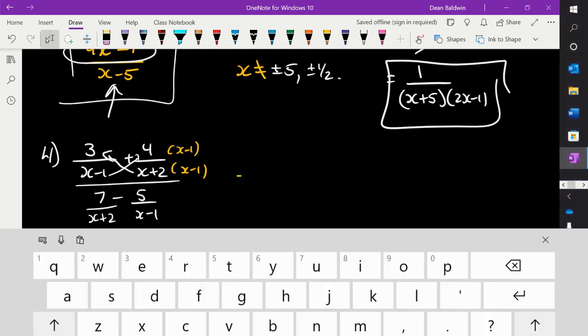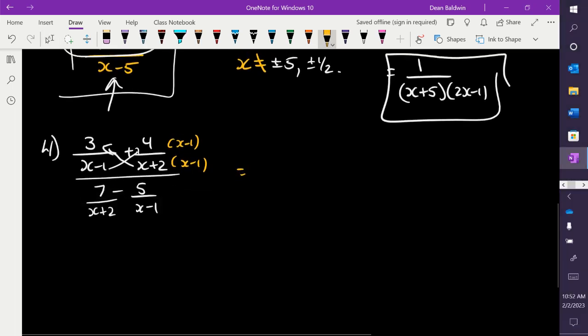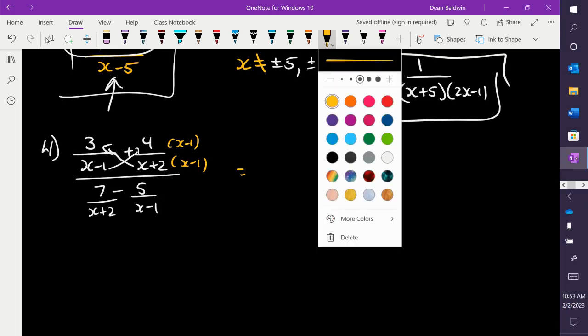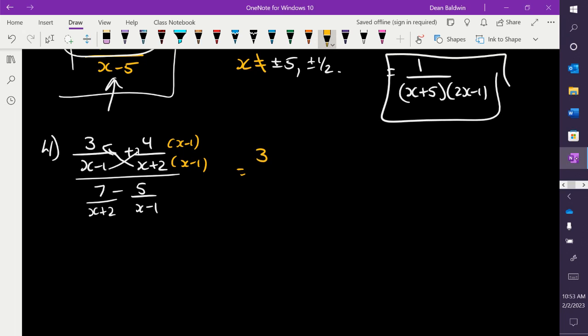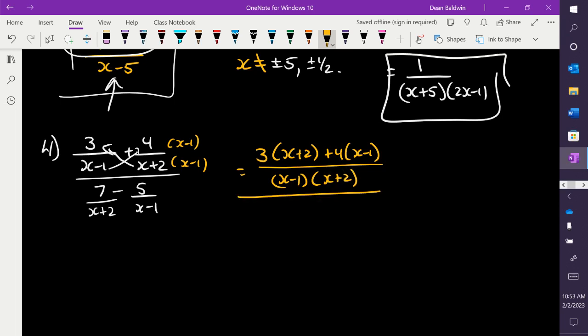So you're going to get 3 times x plus 2 plus 4 times x minus 1 over x minus 1, x plus 2, all over. Do the same for the denominator.